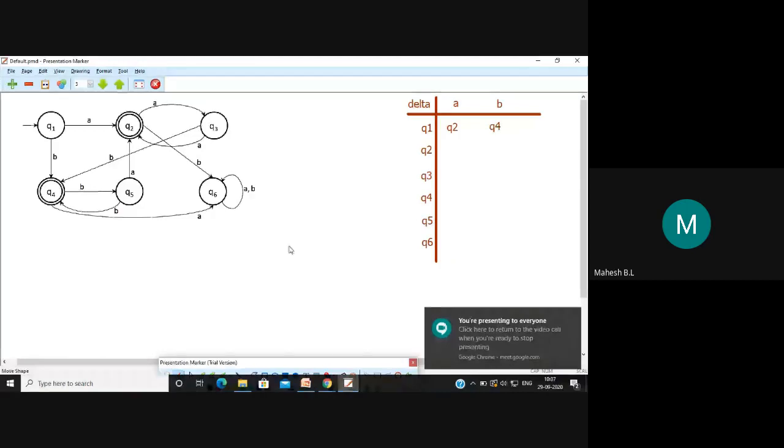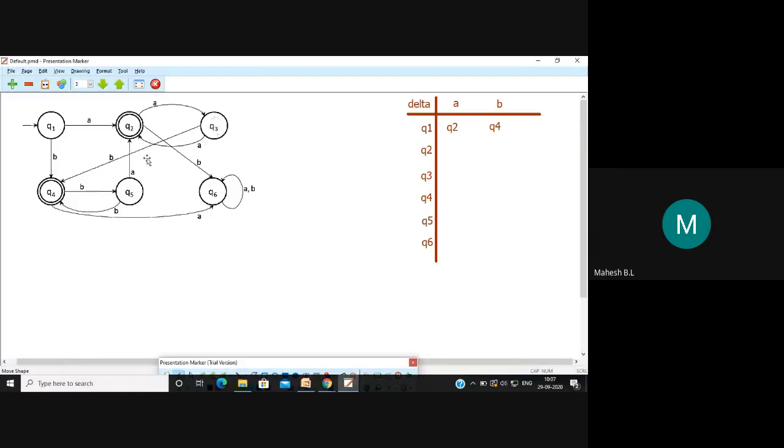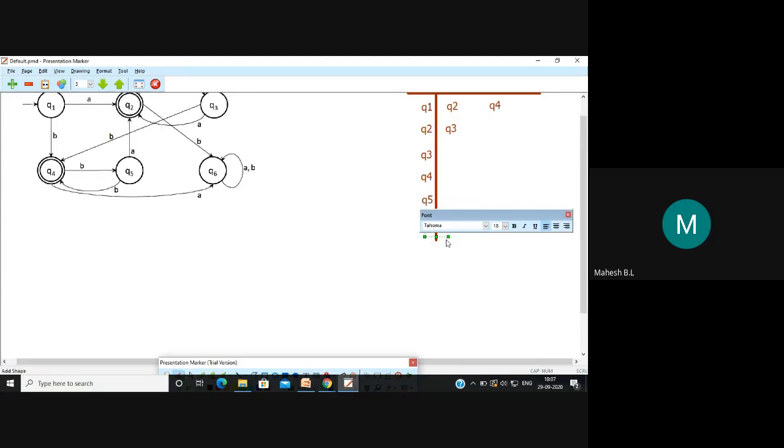Then Q2 on A, there is a transition to Q3. Then Q2 on B, there is a transition to Q6.